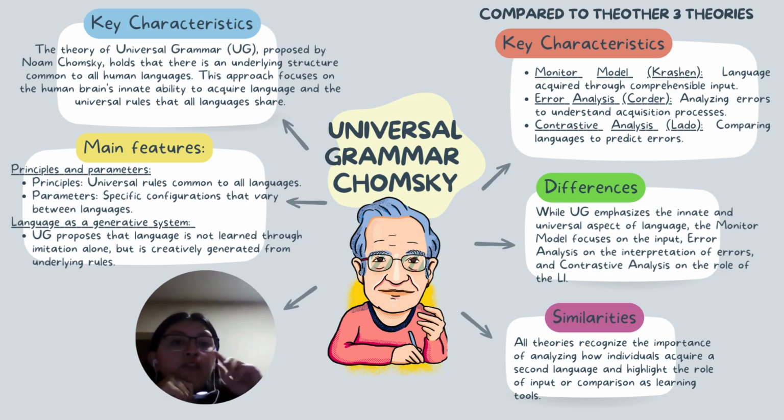Well, what is the big difference from other theories? Chomsky's theory is more abstract and also focuses on innate ability, while the other theories highlight the role of input, errors, or language comprehension.